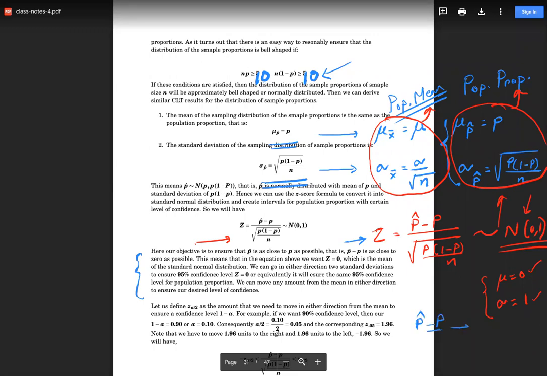That value actually approaches 0, because p hat gets closer and closer to p if your sample size increases, right? So this value approaches 0. That gives you a sense that the mean is going to be 0. So you have a normal distribution with a mean of 0 and standard deviation of 1.